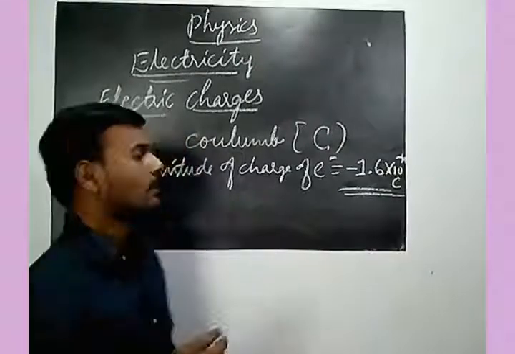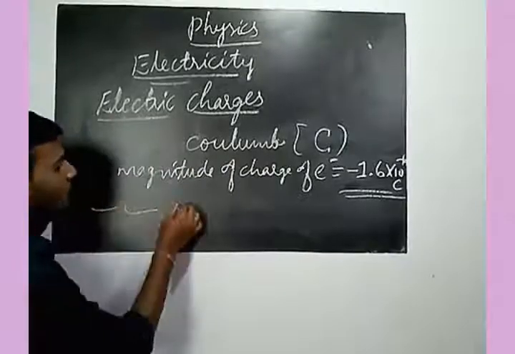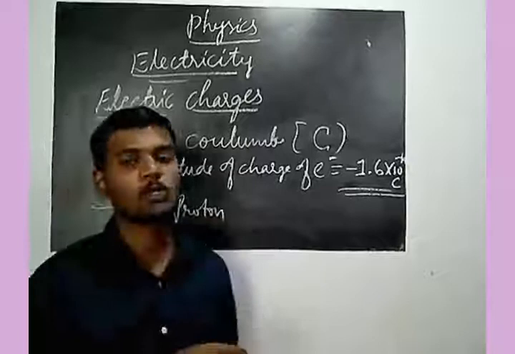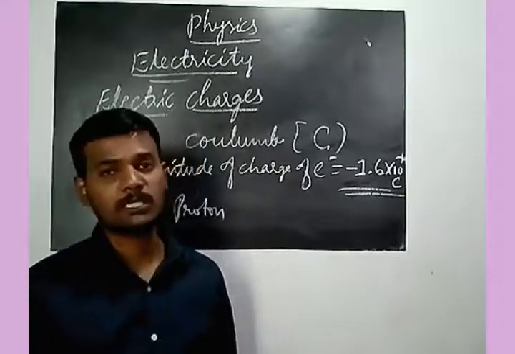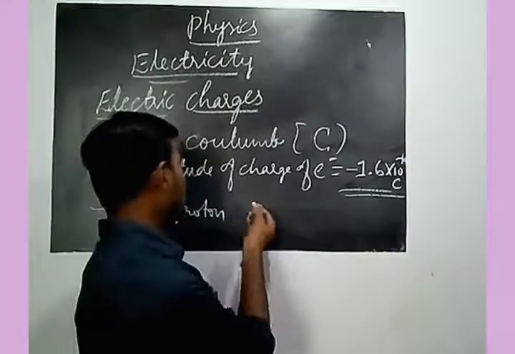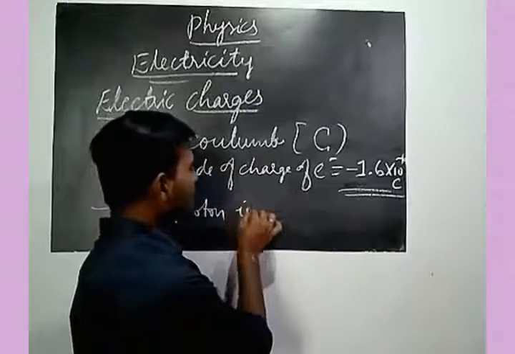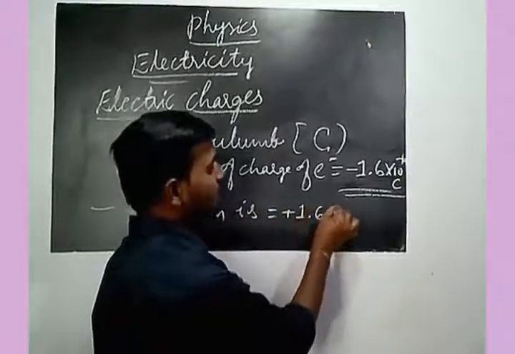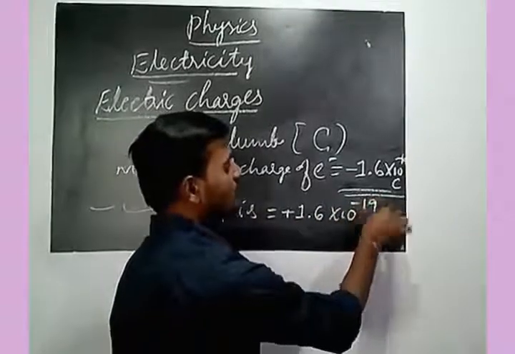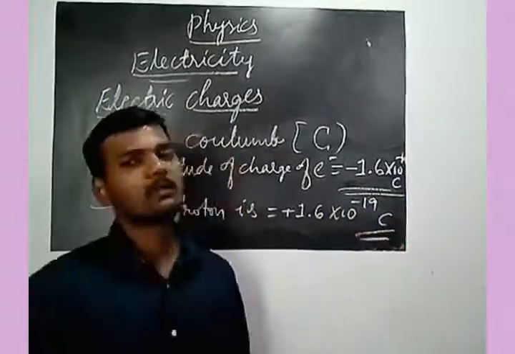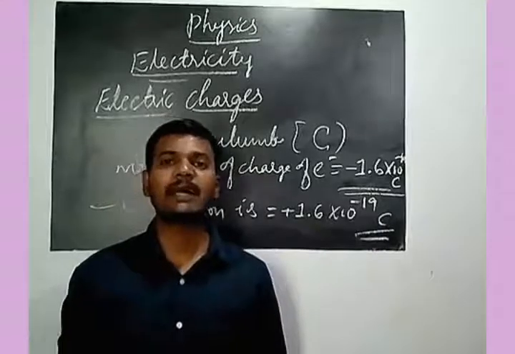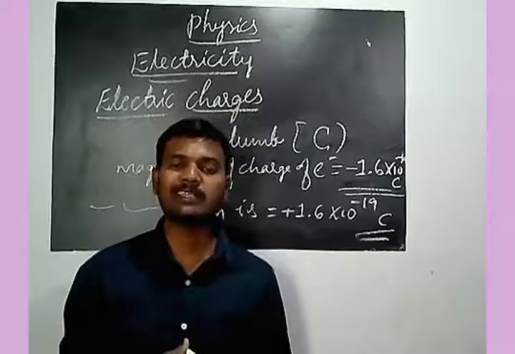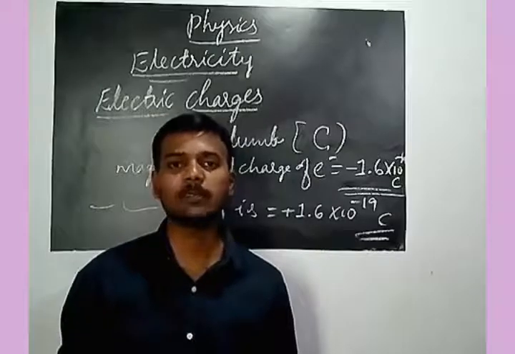Next, the magnitude of charge of a proton. A proton is a positively charged particle. Its magnitude is plus 1.6 into 10 to the power minus 19 coulomb. The magnitude of both electron and proton is the same; the only difference is the sign.